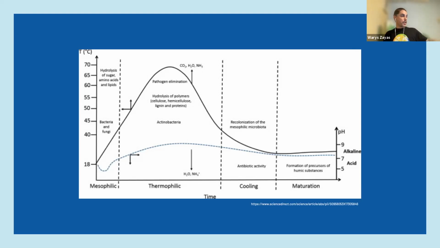In the first phase, when the temperature is rising, it's what we call the mesophilic phase. There you will find bacteria and fungi working. Then when the temperature rises further, we call it the thermophilic phase of the compost process, right?